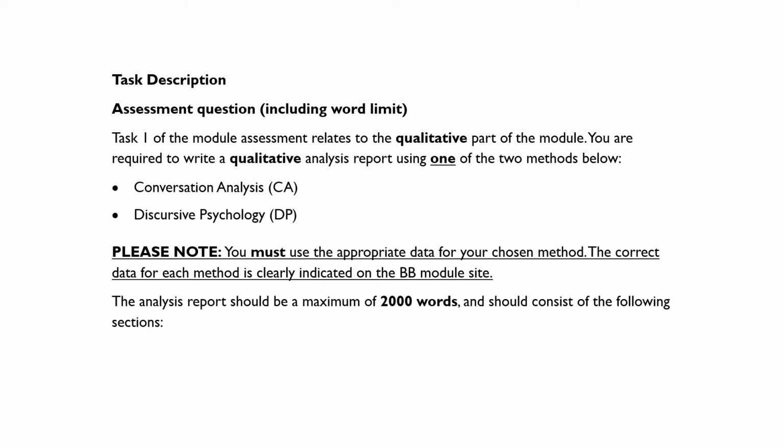The conversation analysis is the Gossip about Jenny Ash data, so don't use that for DP, because DP is Fear, Loathing and Prejudice in Blunkett's Backyard. Do be aware that you don't get them mixed up, because we won't be able to award you any marks if you've done your assessment on the wrong data. It's 2,000 words for the qualitative report, and there's no 10% over, so we mark up to the 2,000 words.